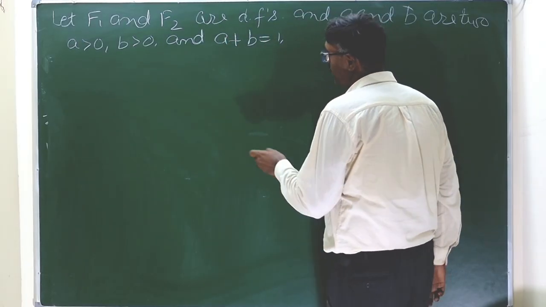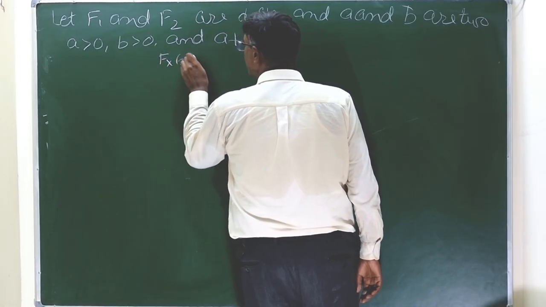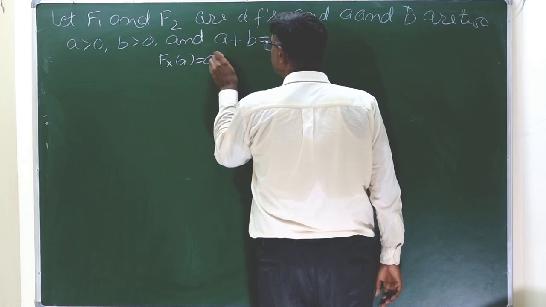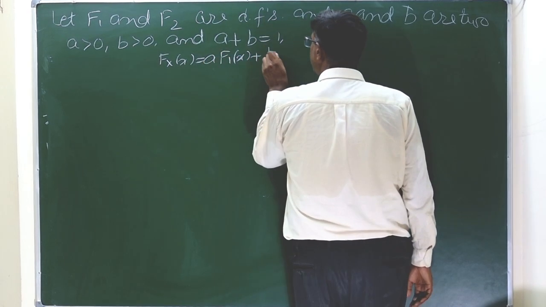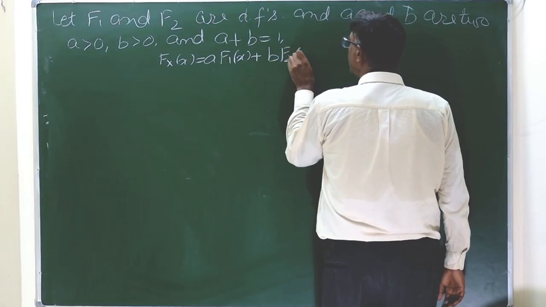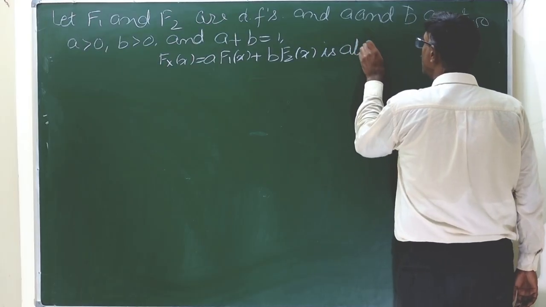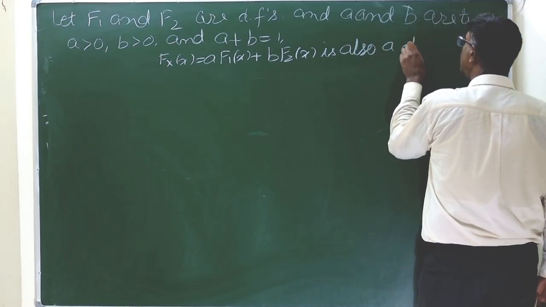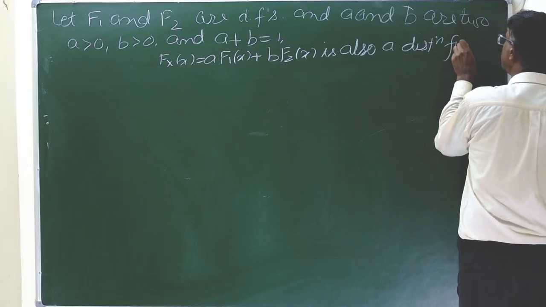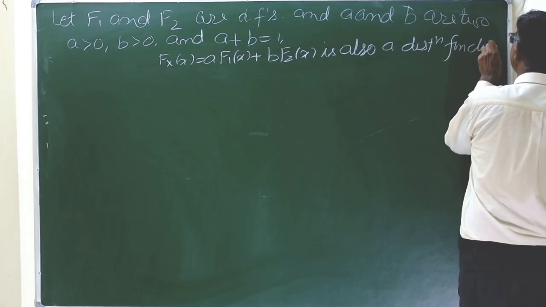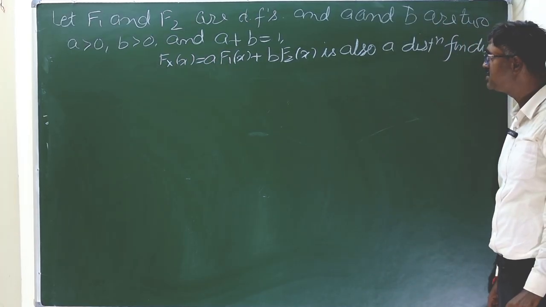Then we have to show that f of x, which is defined as a times f1 of x plus b times f2 of x, is also a distribution function. So this is the problem statement.